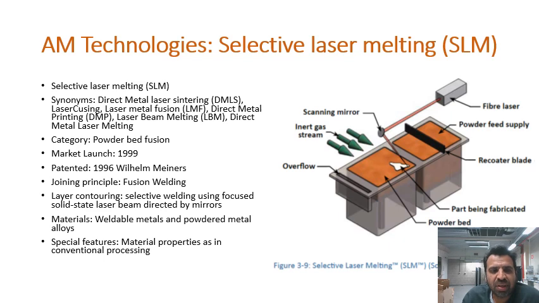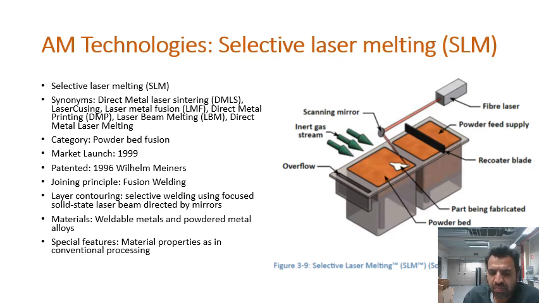So many names. It already shows how popular this technology is. This technology comes under the category of powder bed fusion processes. It was launched in 1999 and was patented in 1996.